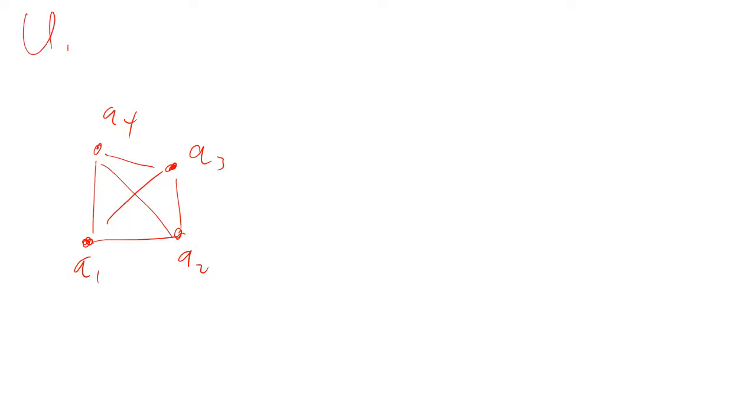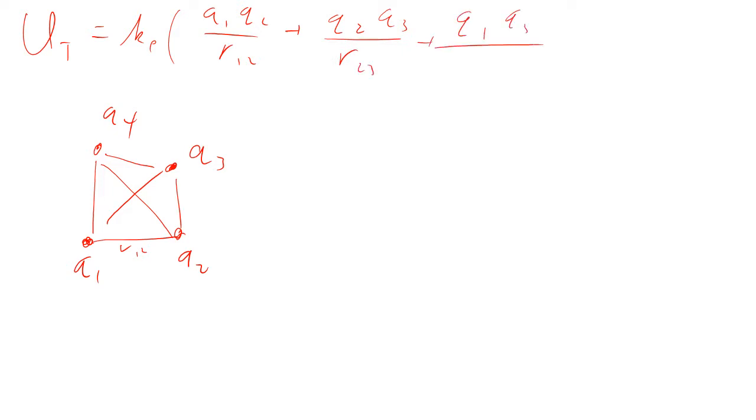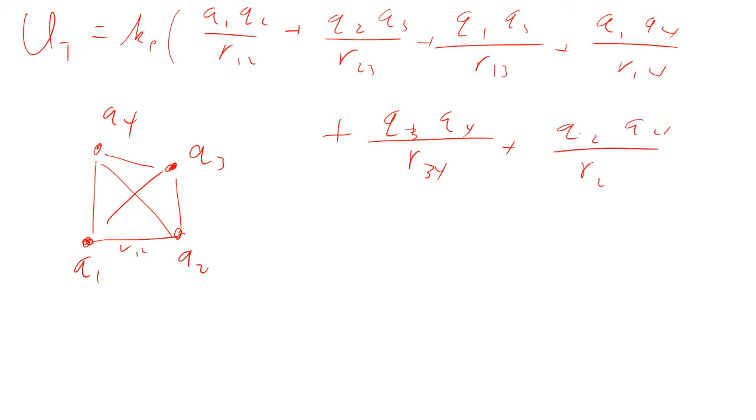So the total energy to assemble that would be equal to K times Q1, Q2 over R12, that's going to be the distance there, plus Q2, Q3 over R23, plus Q1, Q3 over R13, plus Q1, Q4 over R14, plus Q3, Q4 over R34, plus Q2, Q4 over R24.